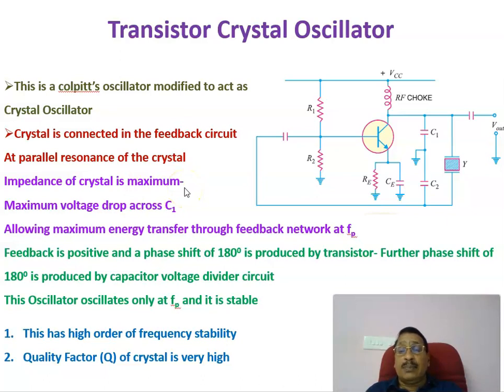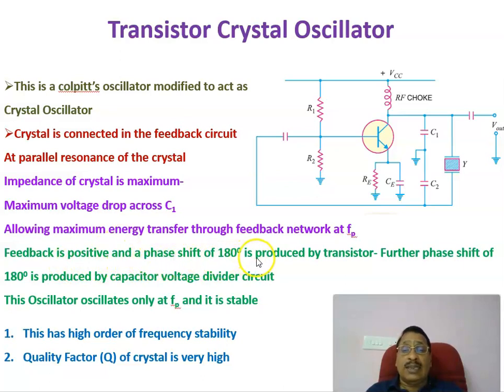Impedance is maximum at parallel resonance and minimum at series resonance, giving the maximum voltage across C1, allowing the maximum energy transfer through the feedback network.